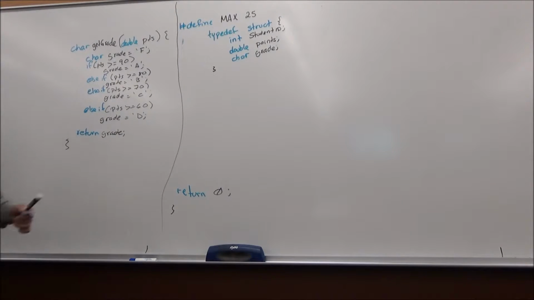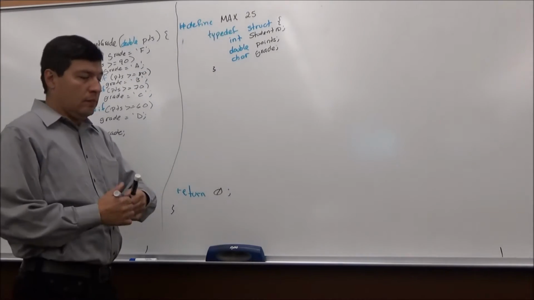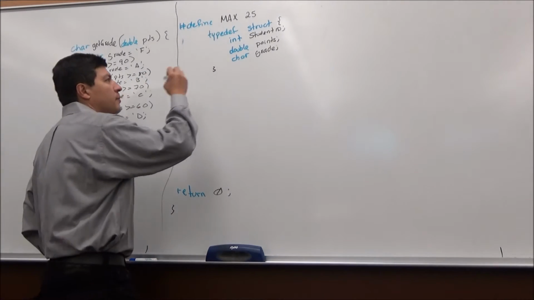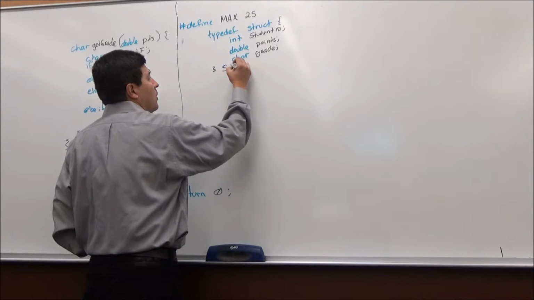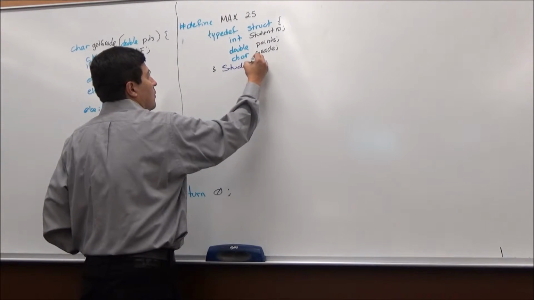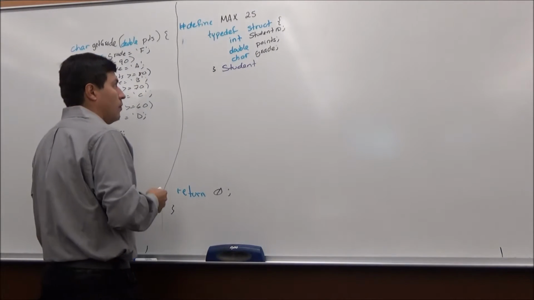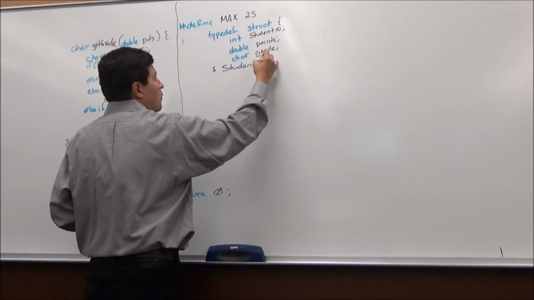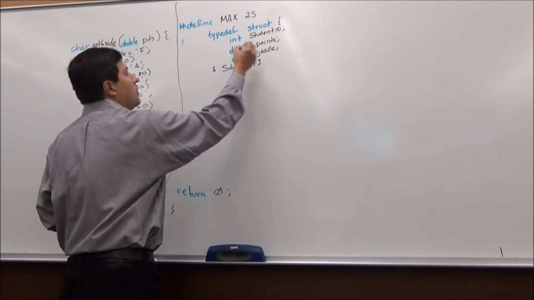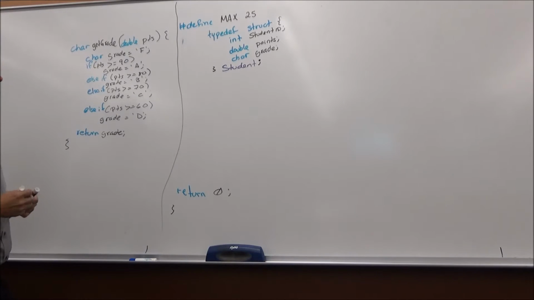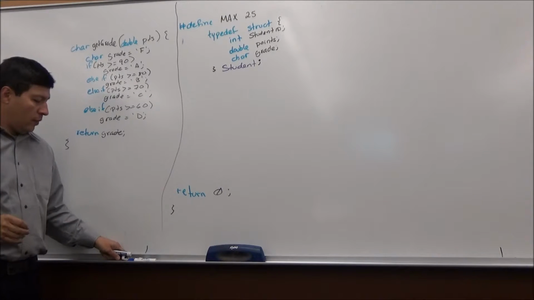So this structure, I'm gonna call it a student. So now the compiler is gonna see this as a data type.